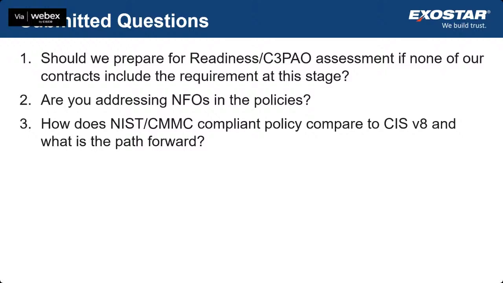So if you've already got those policies completed, then PolicyPro is a great companion, because you can take the policies that you've written for CIS V8 and feed them into PolicyPro and get a score on how they compare to what's necessary for NIST 800-171.